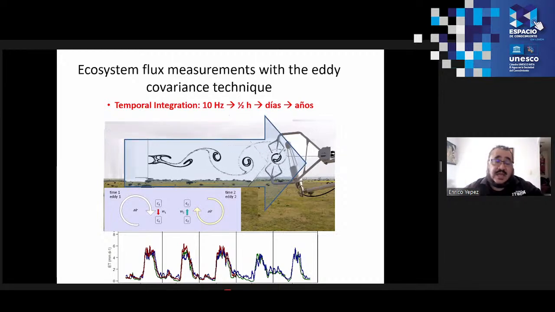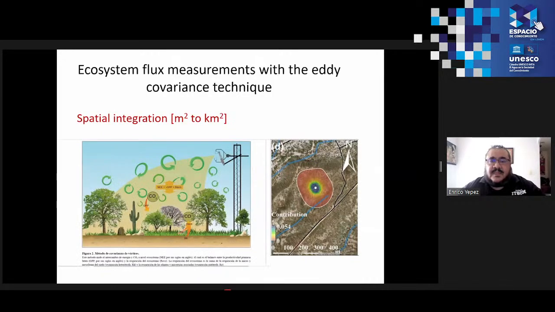We can actually investigate interannual processes in ecosystems and associate them to fine-scale temporal situations. And the other advantage of this method is that it also integrates across space.